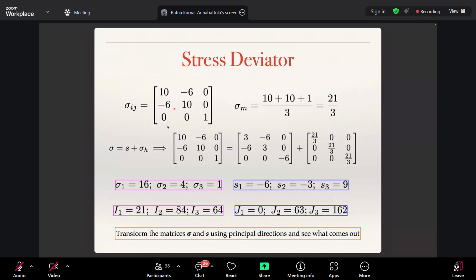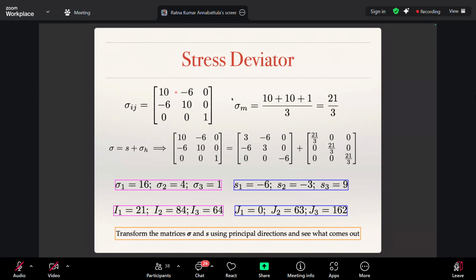So the total stress can be written as the deviatoric part, that is S, plus the hydrostatic part, sigma H. Sigma H is equal to (sigma 1 plus sigma 2 plus sigma 3) by 3. Sigma 1 plus sigma 2 plus sigma 3 is an invariant quantity, the trace. So that must be equal to sigma xx plus sigma yy plus sigma zz, which is 10 plus 10 plus 1.